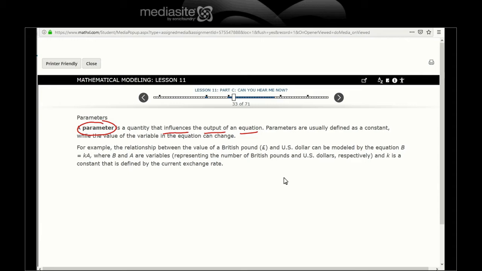For example, the relationship between the value of a British pound and US dollars can be modeled by the equation B equals KA, where B and A are variables represented by the British pounds and the US American dollars respectively, and K is a constant that's defined by the current exchange rate. So pounds equals K times dollars.